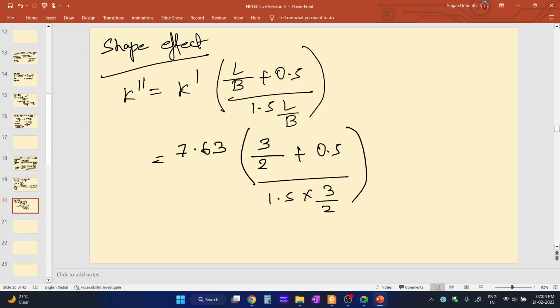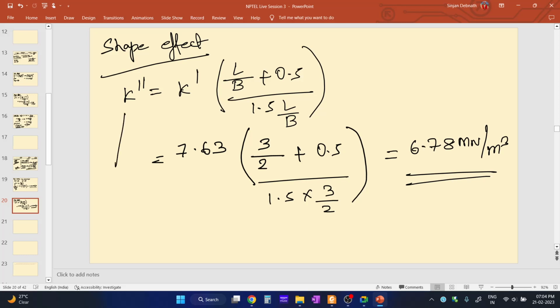Now if you calculate this, it will come out to be 6.78 meganewton per meter cube. So we have incorporated both the size effect and shape effect.